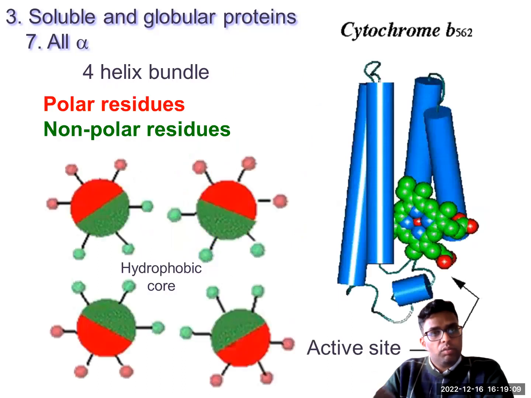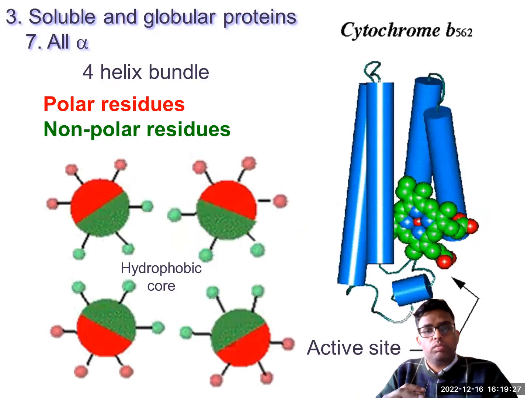Now, all-alpha proteins usually have some polar residues, shown in red, and non-polar residues. Usually the non-polar residues create a hydrophobic core, because they are hydrophobic, so they are not on the surface. Most drug or active site regions have a possibility to be in that region.